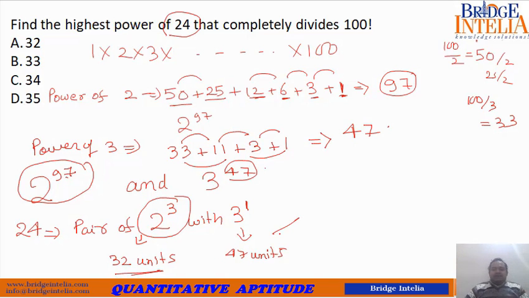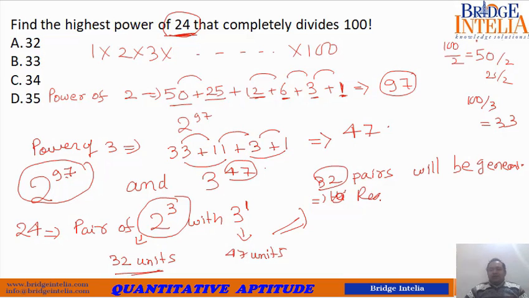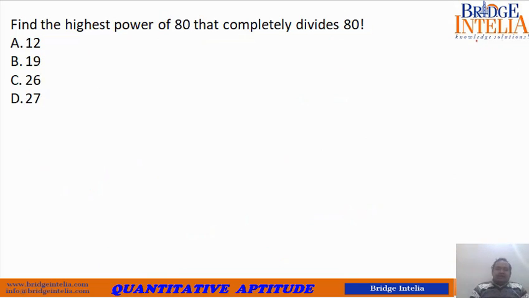So how many pairs will get created? 32 pairs will be generated. That means the highest power of 24 that will be able to divide is 32. Therefore the required answer is 32, because only 32 pairings can be completed. The limitation is because of the smaller number of 2 cubes, which is available in less quantity.